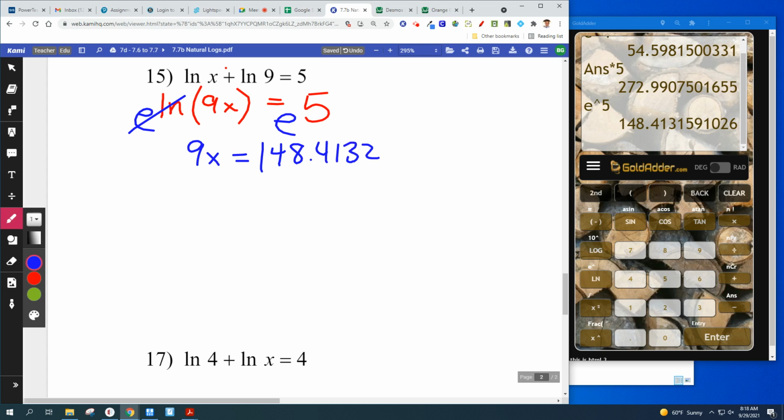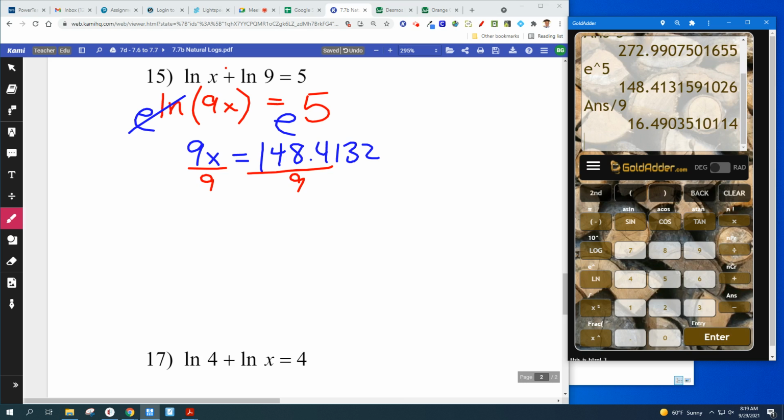But last thing I need to do, I'm going to isolate, so I'm going to divide by 9. And again, I've already got that on my screen. So just hit divide by 9, and it's going to take that number and pull it down. So 148.41, blah, blah, blah, divided by 9, 16.4904.